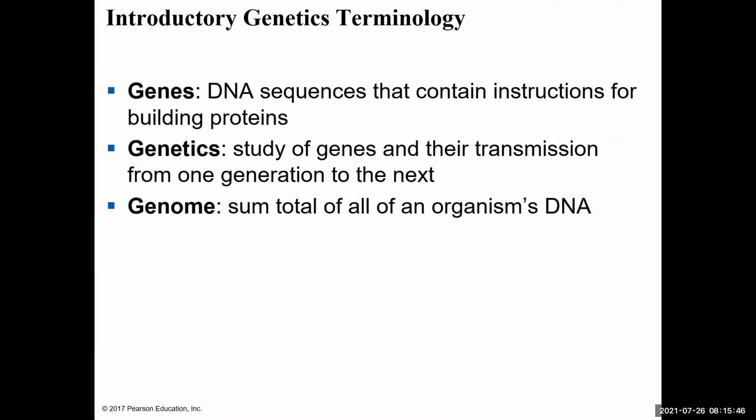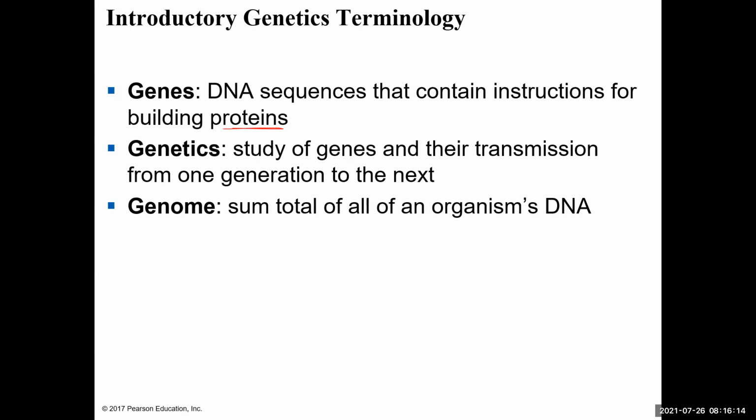And so in our cells, we've already talked a lot about this. We have genes, right? And when we talked about mitosis and meiosis, we've mentioned a lot of these terms already. And so genes are on your chromosomes, and they are basically DNA sequences that have the instructions for building our proteins, right?